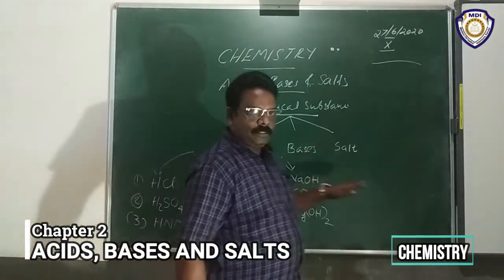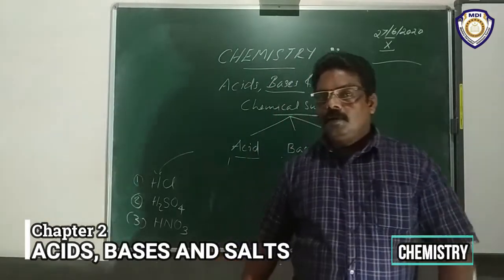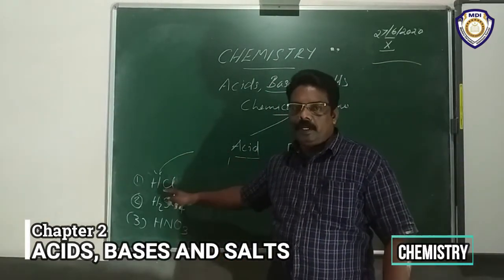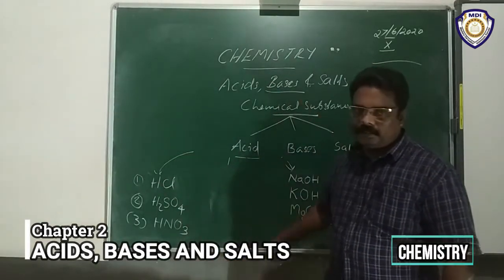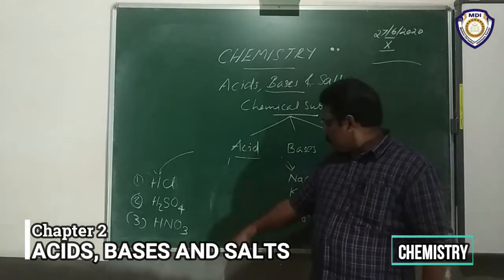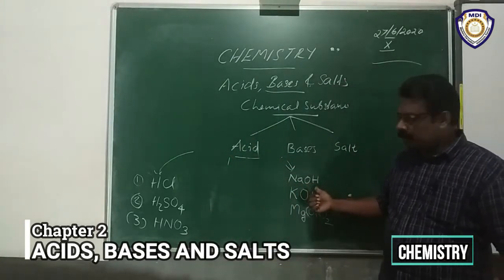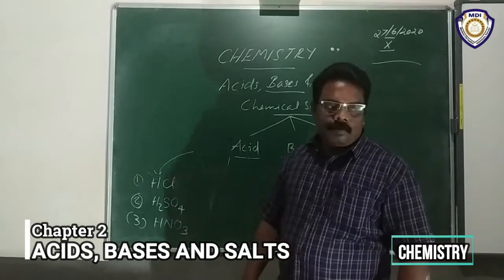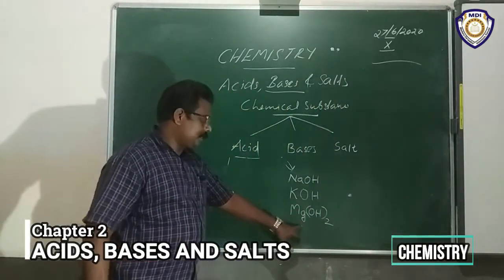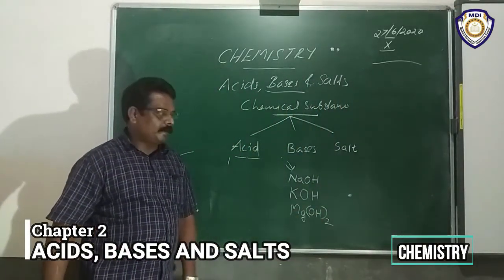I hope these things are known to you. But you have to study the chemical formulas of these acids and bases very fast. For bases: sodium hydroxide, potassium hydroxide and magnesium hydroxide.